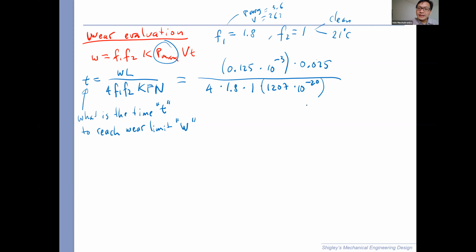So this is the inverse. If K is greater, then T is reduced. So if it's harder, the time to reach the wear limit is lower. Sorry. Wait, that seems backwards. As K is greater, time is reduced.